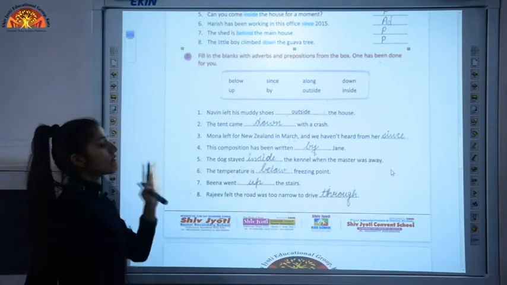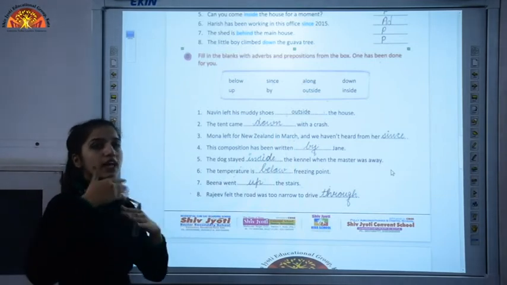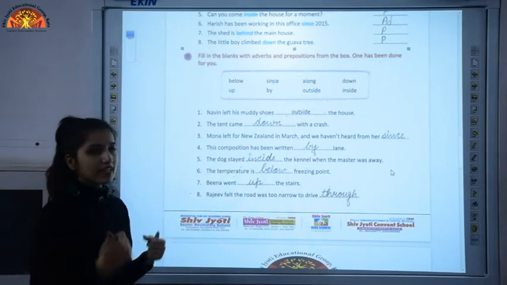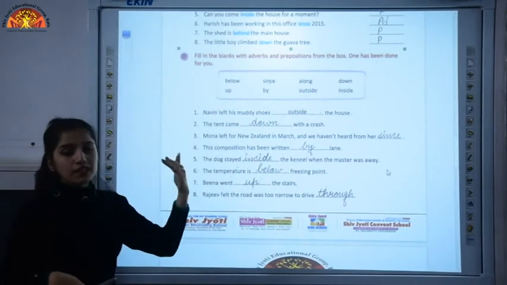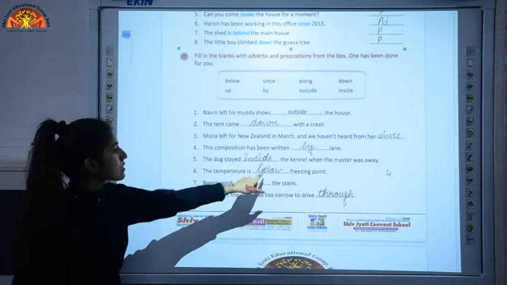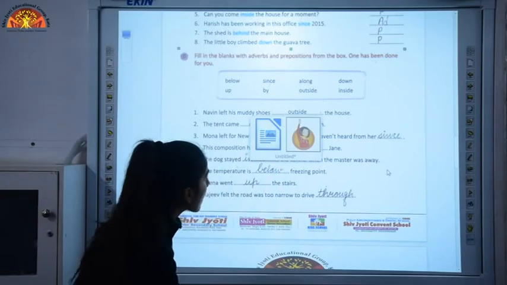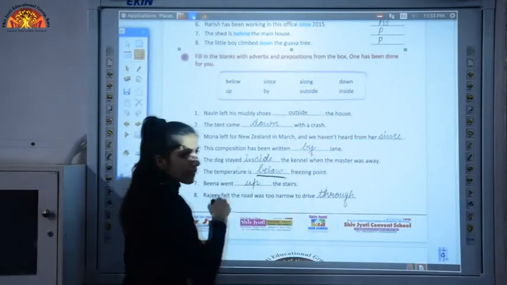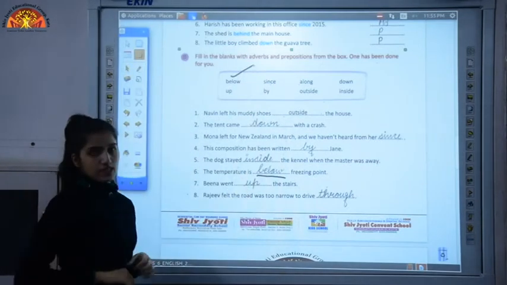Here we have used below, because below refers to what? Whenever we are talking about measurements of temperature, we use below. That is why we have written below over here. So the answer is below.